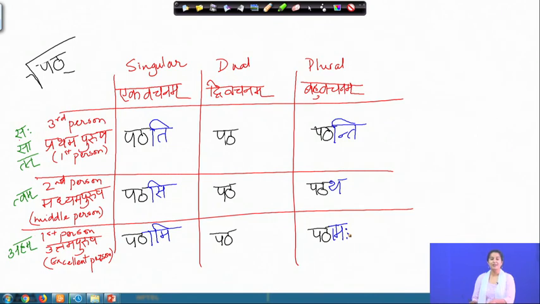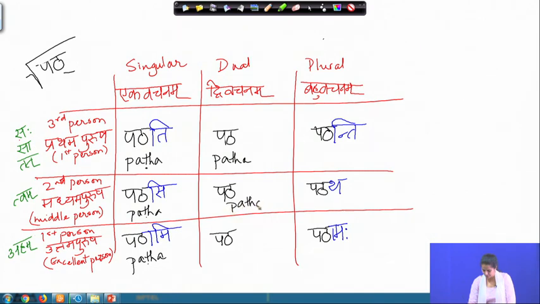Lovely. I'll also write it out for you in the English transliteration, because there are many who don't really know the Sanskrit letters as yet. So it would definitely help to see the English transliteration. Patha. I'll just write the basic first and then add the verb. Patha, patha, patha, patha.